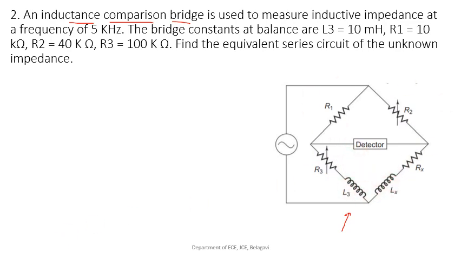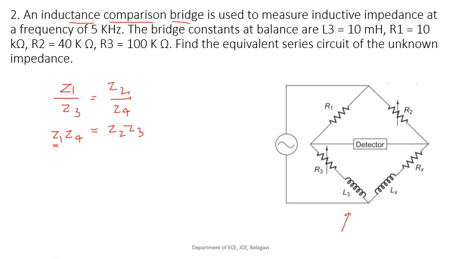So what you can do is, again you can write this relationship Z1 by Z3 is equal to Z2 by Z4. This will be the same for all of the cases. So Z1 Z4 is equal to Z2 Z3.